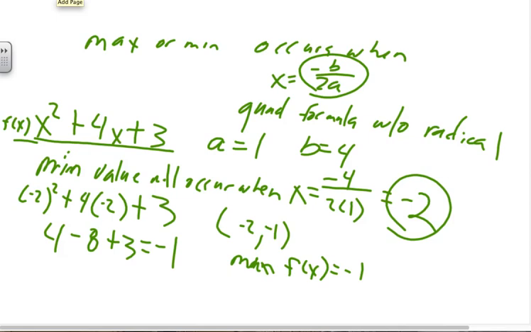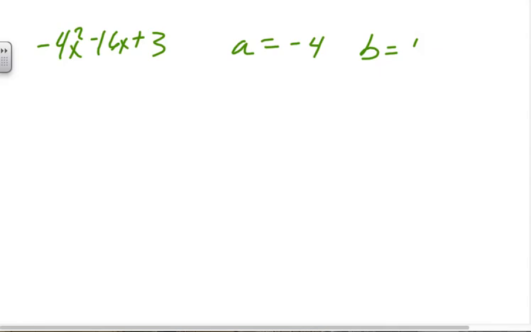Now let's take a look at the second one we did, which was negative 4x squared minus 16x plus 3. A is negative 4. B is negative 16. And I know in this case, because that's a negative, it's going to be a maximum value because this opens down.